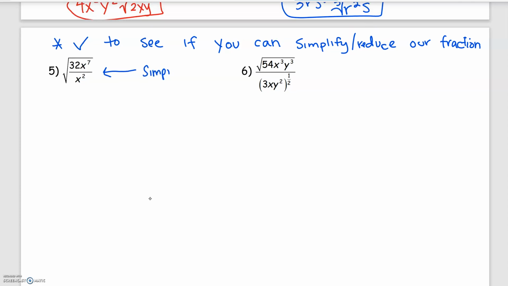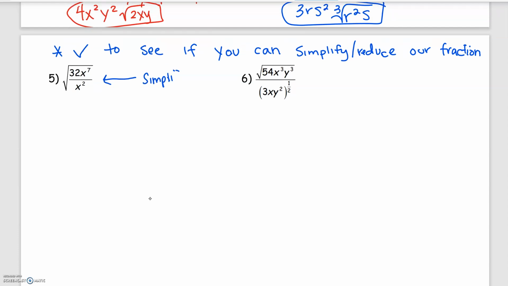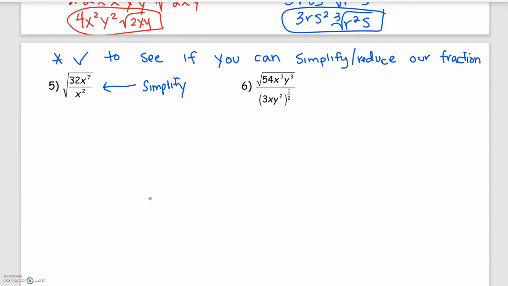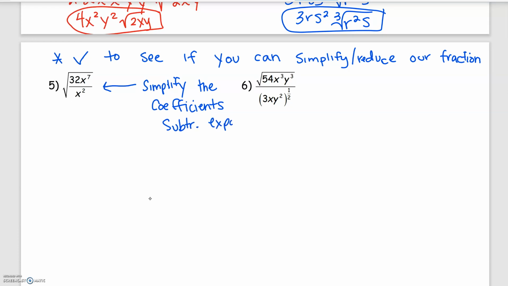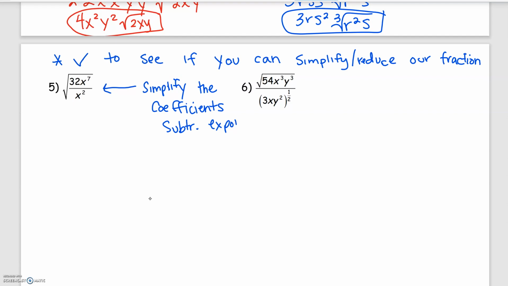So simplify the coefficients, subtract exponents of the same variable.